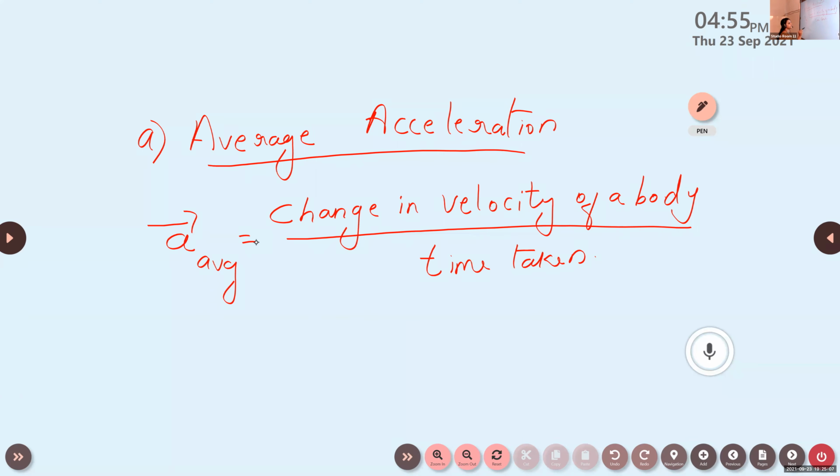Or we can write average acceleration, vector A average, is equal to, how are we representing change in velocity?